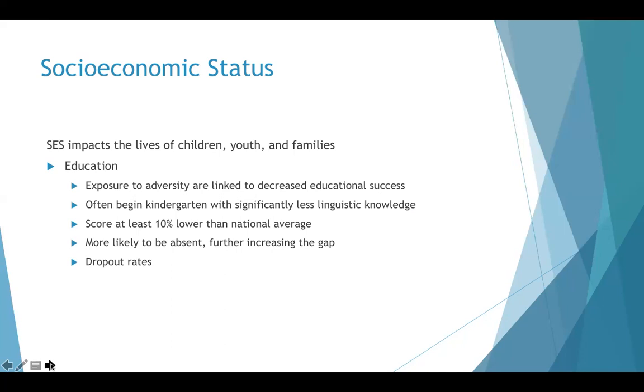Lower socioeconomic status populations score at least 10% lower than the national average in educational exams. They're more likely to be absent, further increasing the learning gap, and there are higher dropout rates amongst lower socioeconomic status populations.